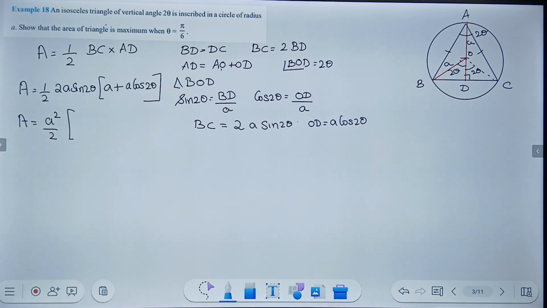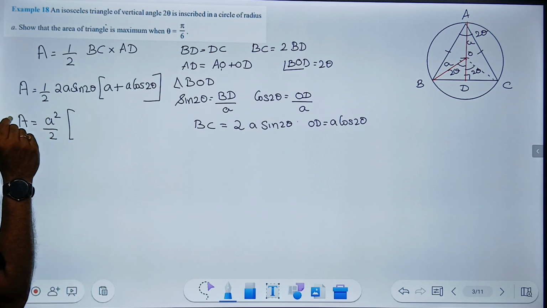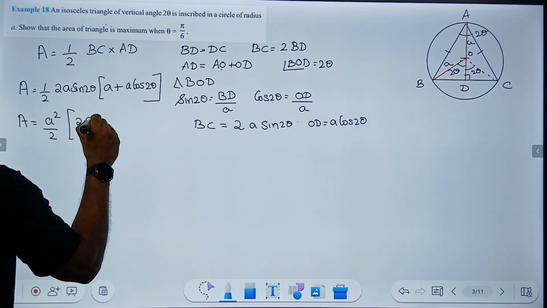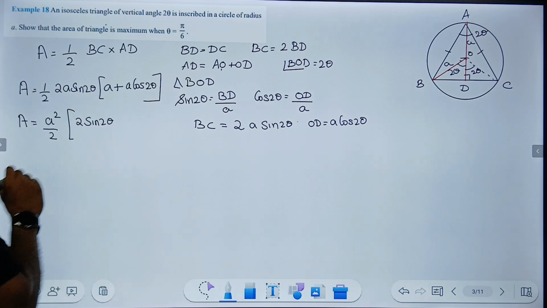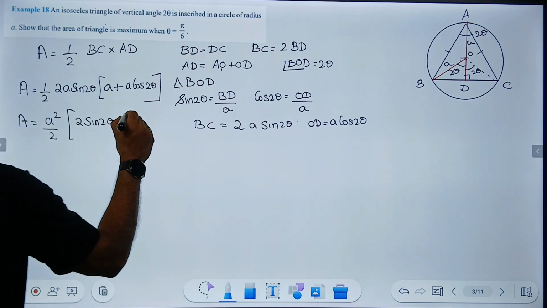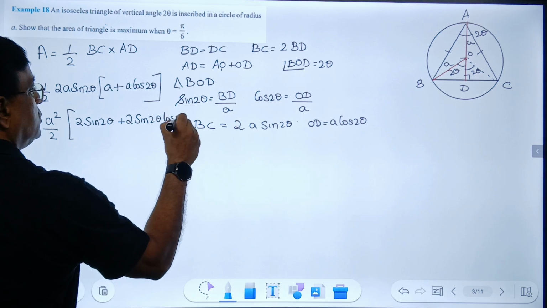Okay. Now open the bracket. If you open the bracket, what do I get? It will be 2 sine 2 theta plus 2 sine 2 theta cos 2 theta.